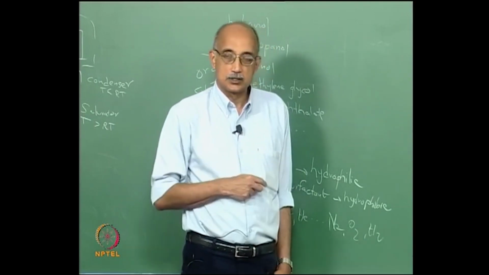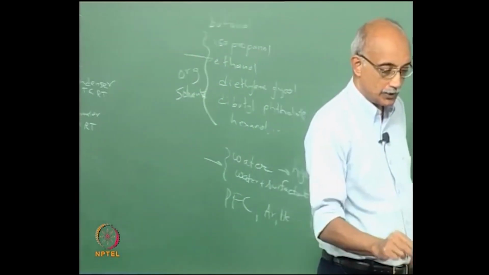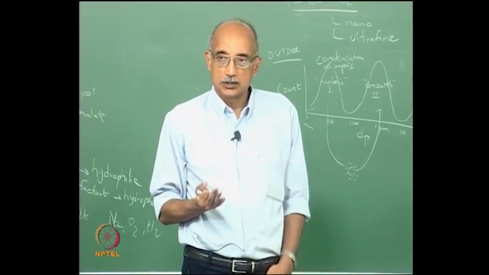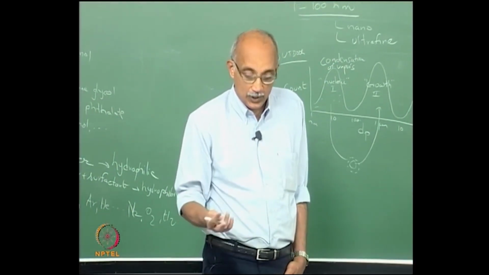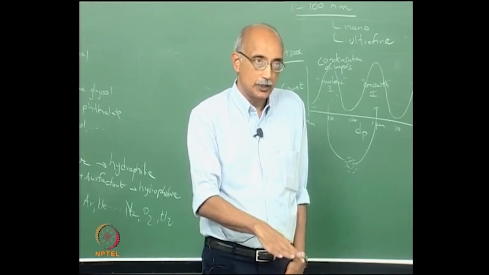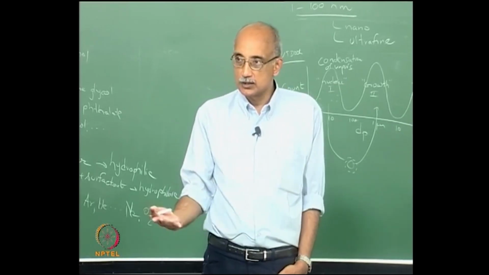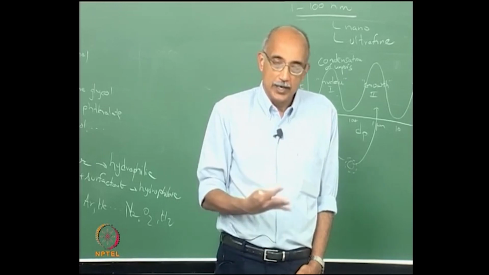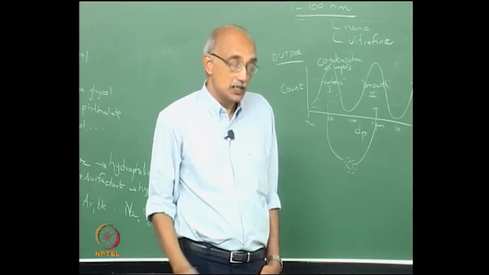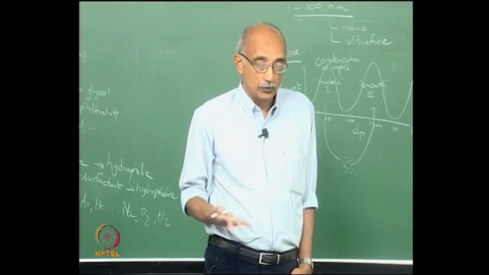How about surfaces? If you are trying to characterize presence of ultrafine particles on a surface like this, again the same difficulties exist. Light scattering, now you have actually a double jeopardy. Light scattering intensity from the particles is very low, but at the same time the noise, which is the scattering from the surface itself, is very high. So use of light scattering techniques to detect ultrafine particles on surfaces is even harder than detecting them in gases or liquids.